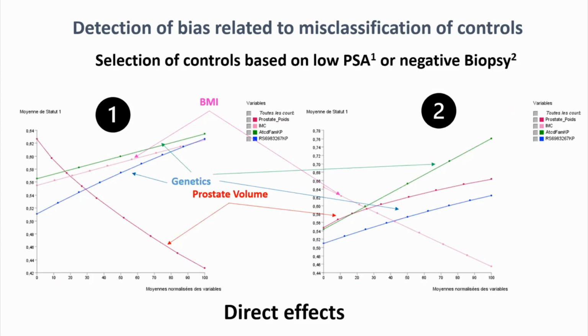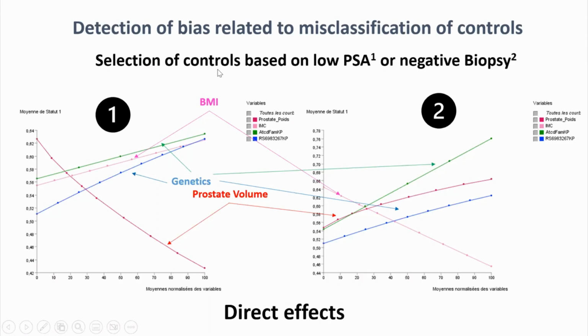We use two cohorts of controls with a low prostatic specific antigen. We define the first control, and another group defined by a negative biopsy of the prostate. If you perform a case control study for prostate cancer, it is not ethical to perform prostatic biopsy for all men, and you need to use prostatic specific antigen.